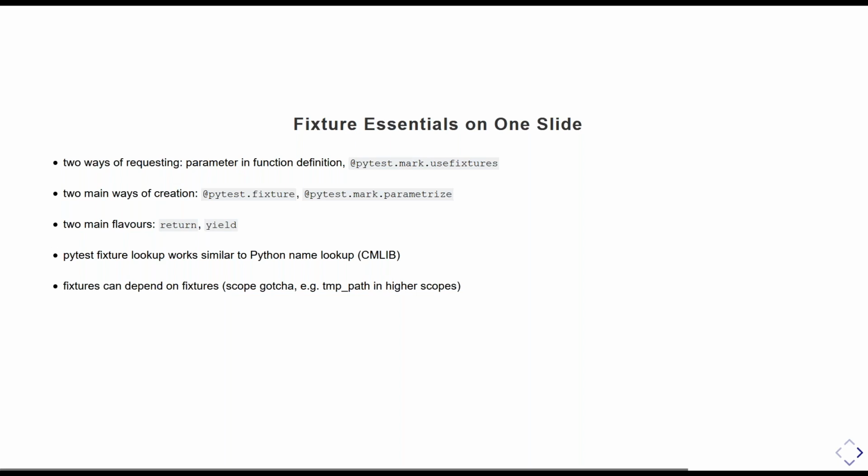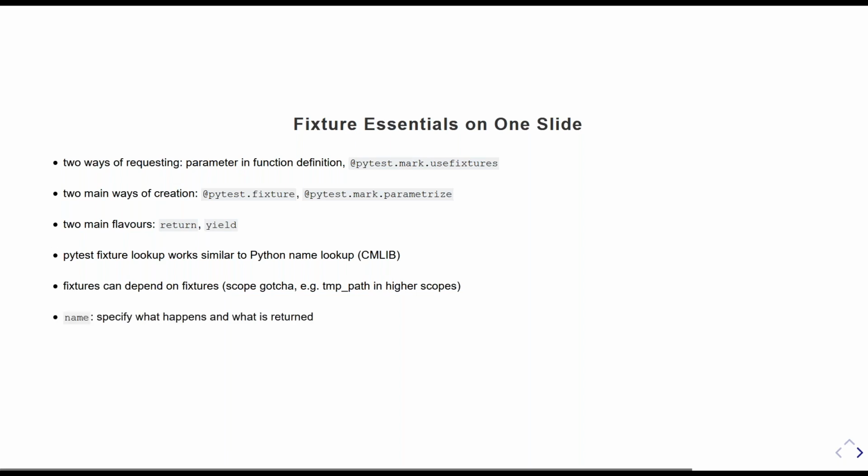You can only use fixtures with higher scopes. So if you use function scope tmp_path in a higher scope fixture, you will get an error. That error will be clear and will be telling you you're doing it wrong. So you need to make sure that the scopes of the fixtures that you use are compatible.